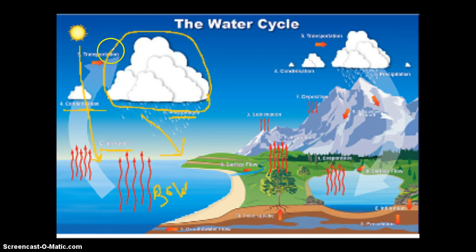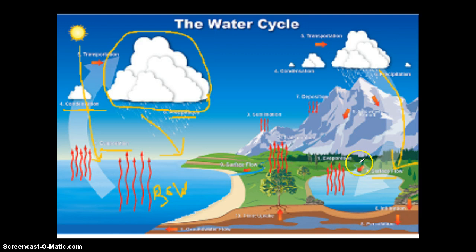This is much like that simple version we looked at, but things can get a little more complicated. If you take a look over here, we have condensation, the transportation, and precipitation. Now, one way that this water gets back onto the ground is just surface flow, meaning that it just falls down the surface onto the earth.